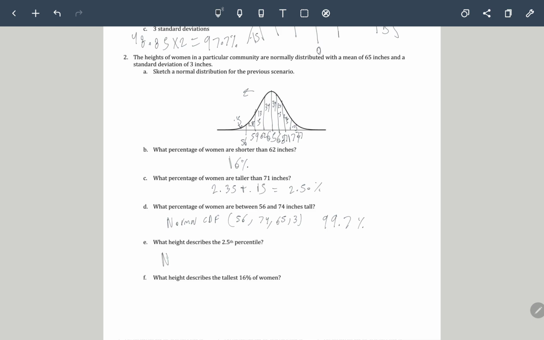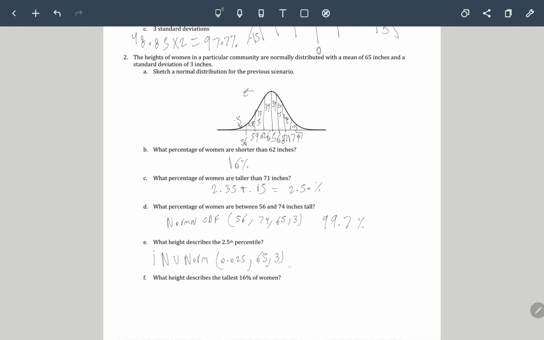So you would do inverse norm. This is the calculator command. Inverse norm, and then I think you have your 2.5. Wait, 2.5th percentile. That's a percent. So you do 0.025, and then you do your mean, which is 65, and then your standard deviation of 3.